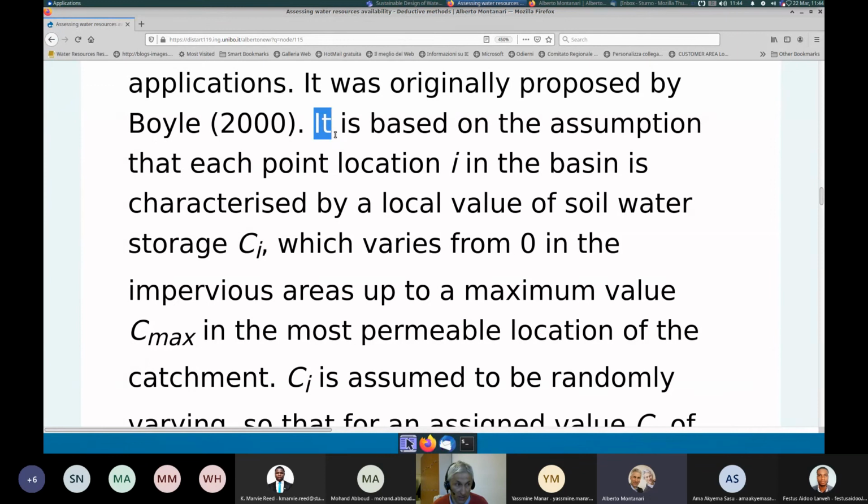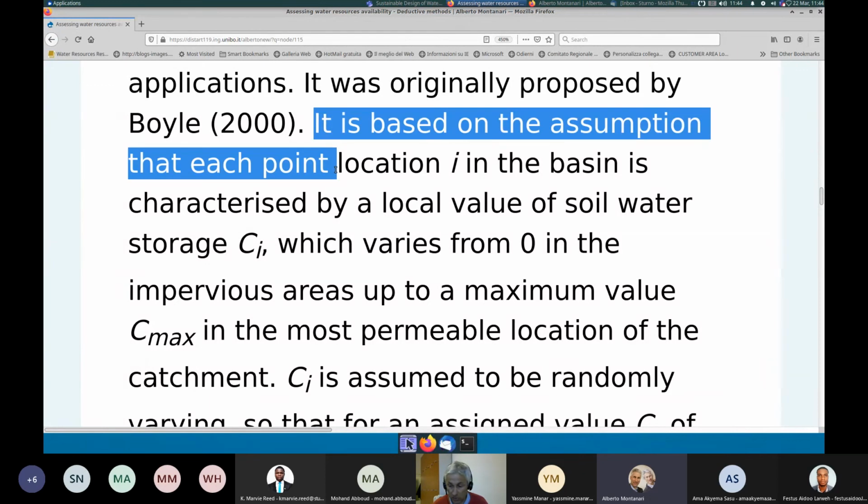The main one is the assumption that each point location i, look at the screen, in the catchment, in the basin, any location identified with i, is like an elementary area. Let's suppose that you split your catchment into elementary areas. Why do we split the catchment into elementary areas?